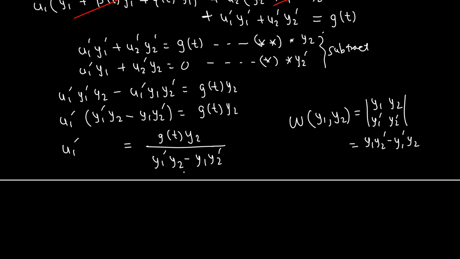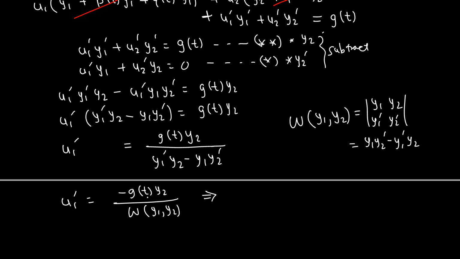So this is just the negative of this. So if we flip, then we have to put a negative sign. This is the same as u1 prime equals, let me multiply top and bottom by negative, then negative g(t) y2 over, now it flips, then this in fact becomes the Wronskian of y1 y2.